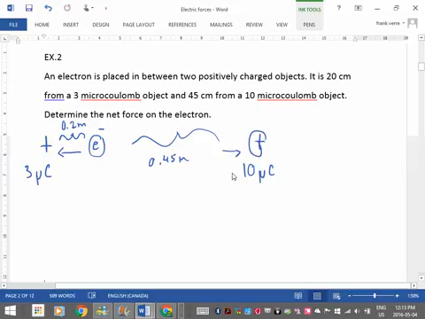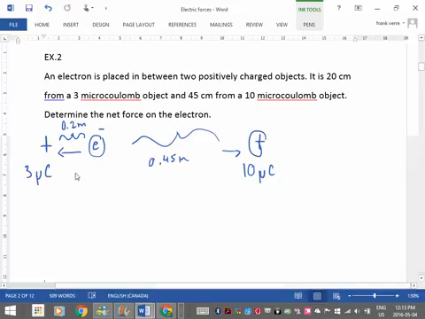So we've got to think of this as something like you would have seen in grade 11. You have an object in the middle, two things are pulling at it. Which way does it go? What would you do if you want to know which way something would move, and you have two forces on either side pulling in opposite directions? What would you calculate? The net force. Very good. So we're going to figure out what the net force is.